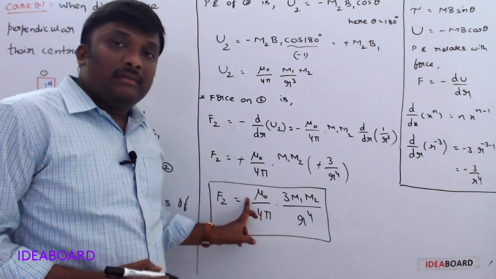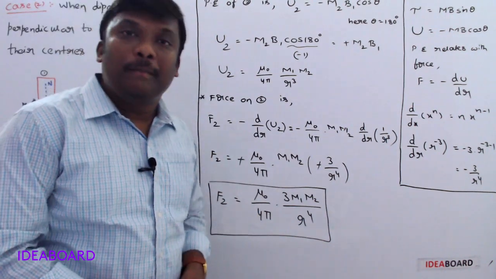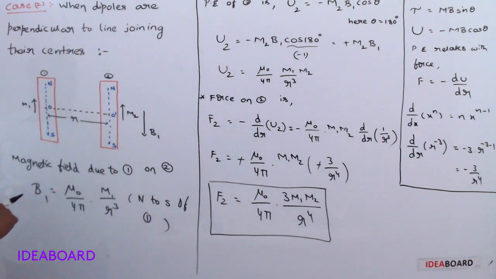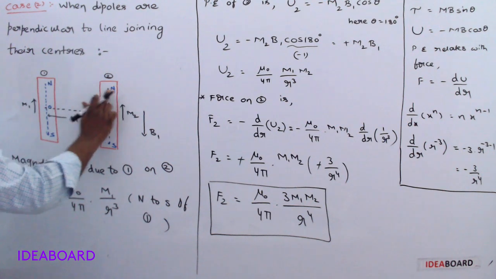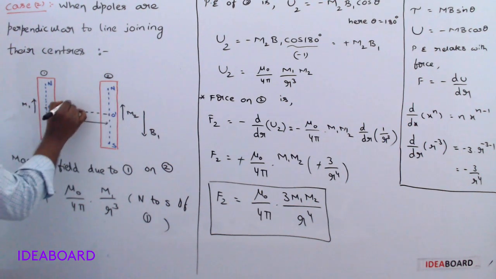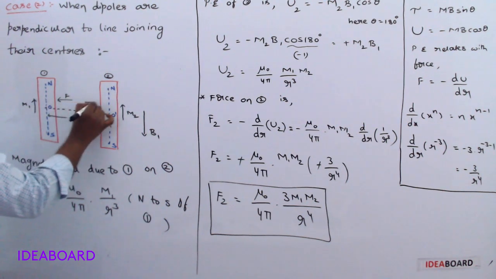So here plus is coming. Plus indicates the force is repulsive. So that force is always repulsive between these two. That means with north poles facing each other, the force is repulsive.